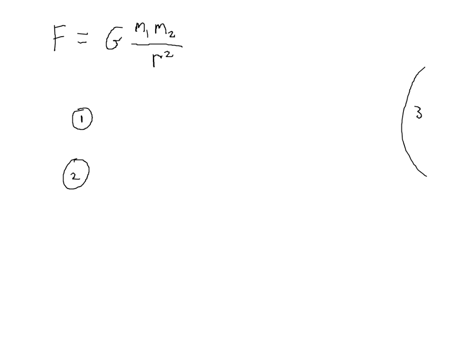First I would find the force on object 1 due to object 2. That would be G times M1 M2 over the distance between object 1 and object 2 squared.